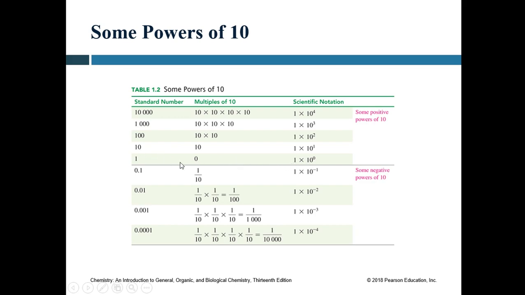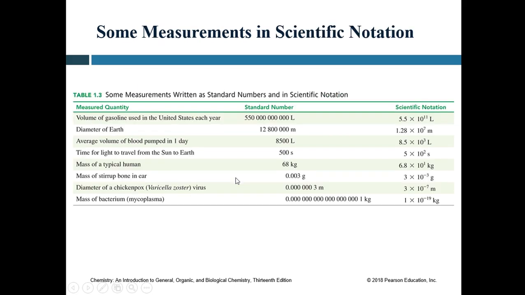I wanted to point that out. 1/10 is 1 times 10 to the minus 1. You can kind of understand that. We have a fair amount of measurements in scientific notation, and we use scientific notation so that we can write these big numbers in a much more ordered way.